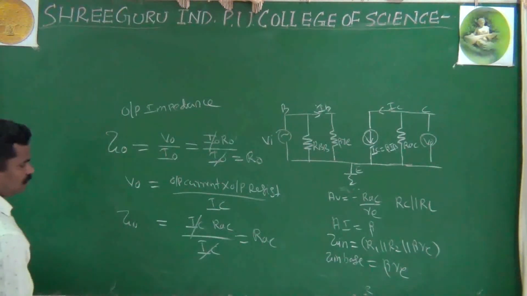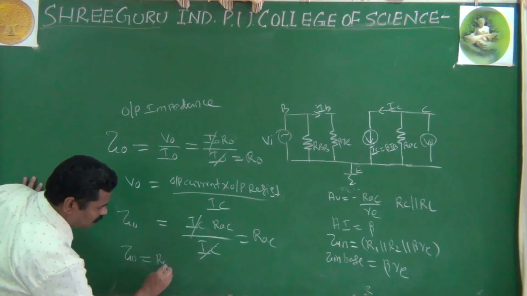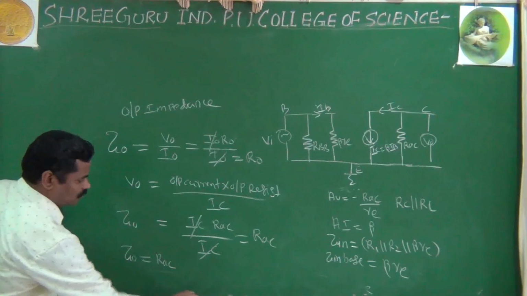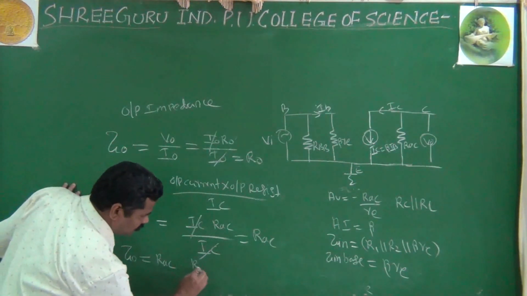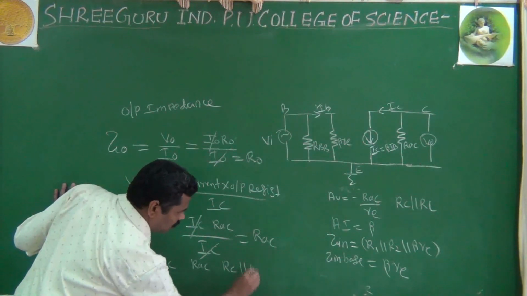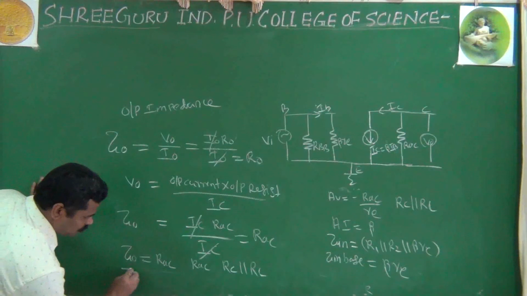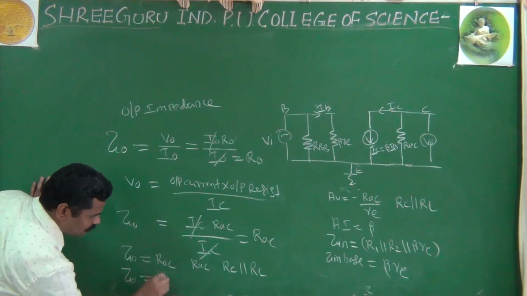The only thing is that Z0 equals RAC, where RAC is RC and RL in parallel. If your RL is not there, then Z0 equals only RC.